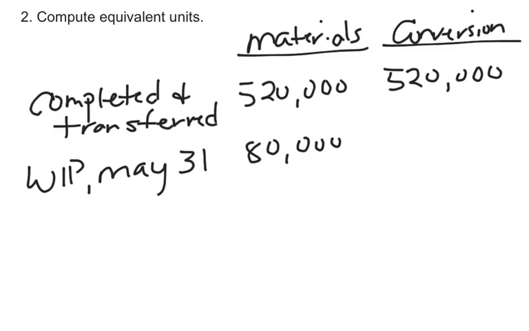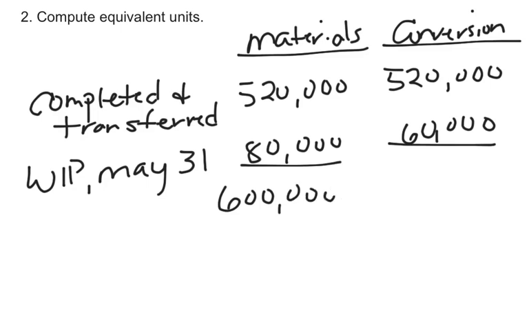But for the conversion, we can only put 75% there. So we need to put 60,000 units there. Let's just total this. So that gives me 600,000 equivalent units for materials, 580,000 for conversion. This is the basis for assigning the costs.